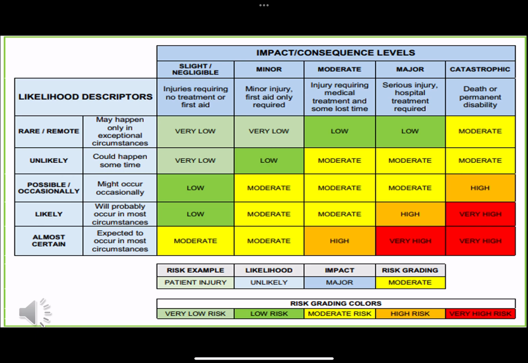So for example, almost certain, like if you move to the bottom of the table, you can see it says almost certain for likelihood descriptors, it's expected to occur in most circumstances. And to the very right of the table, in the catastrophic column, you can see at the very bottom, the color coding says very high.